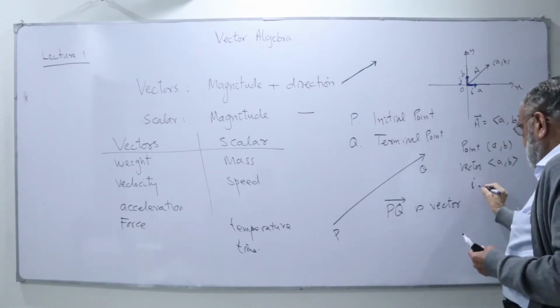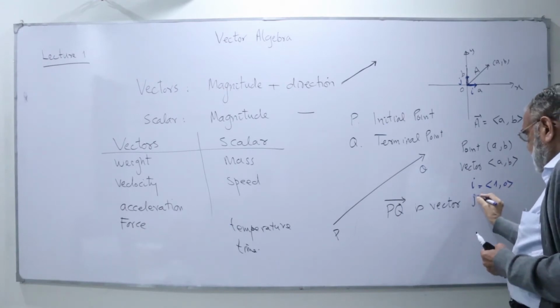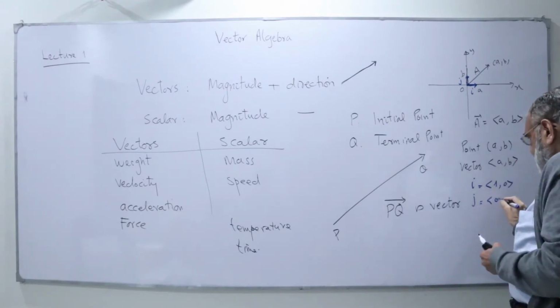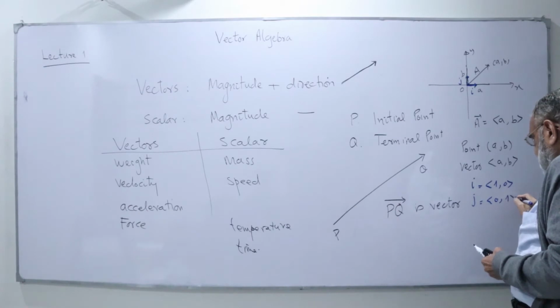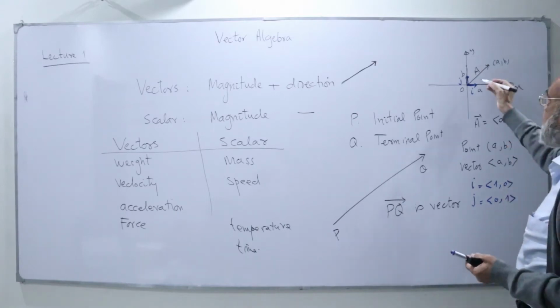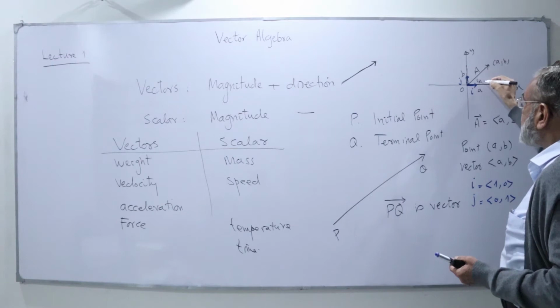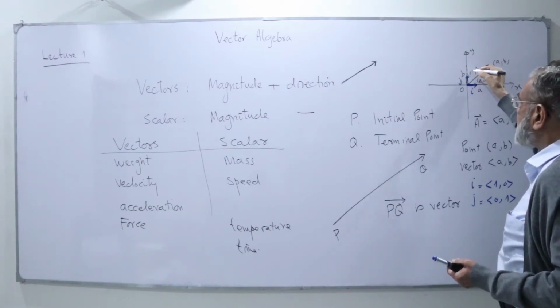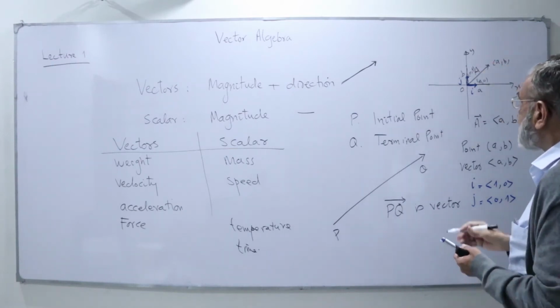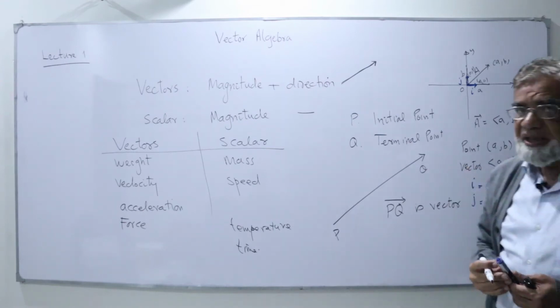When we say i, i is my vector, my x is 1, my y is 0. Vector j has x as 0 and y as 1. So these are vectors in 2 dimensions, because this point will be 0, 1. Sorry, here x is 1. This point is 1, 0, and this point is 0, 1. And this way we can define our vectors. So we have different ways of writing the vectors.